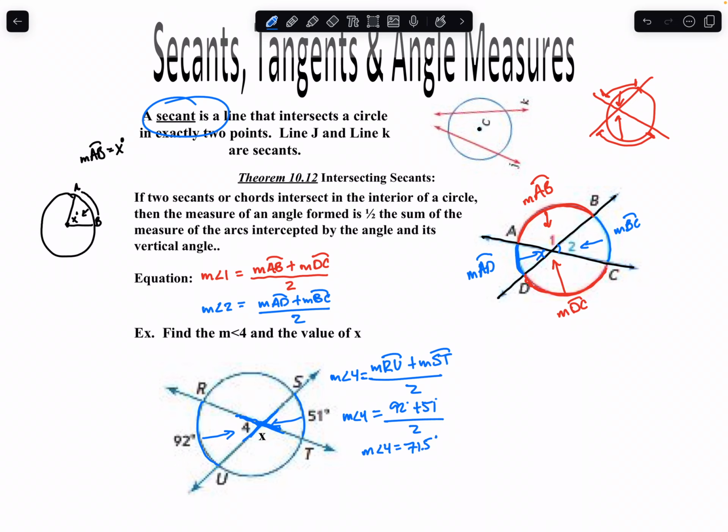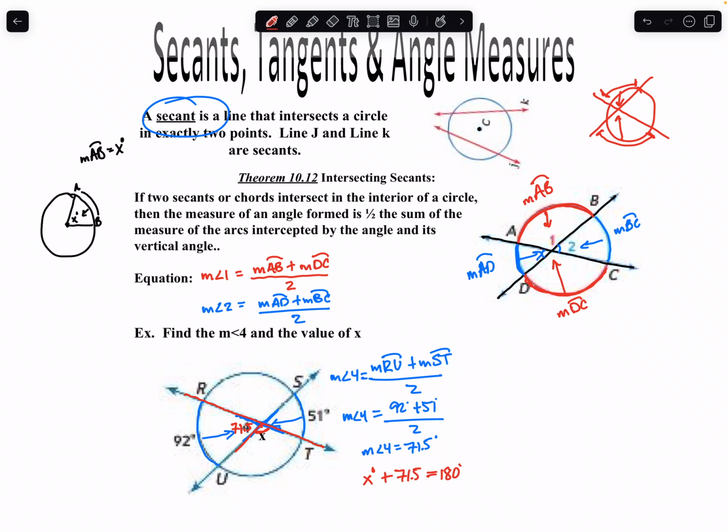Now notice that adjacent to it, we have angle x. These two still form a line, right? So if this angle is 71.5 degrees, to find angle x we can say angle x plus 71.5 should equal 180. They still form a line.